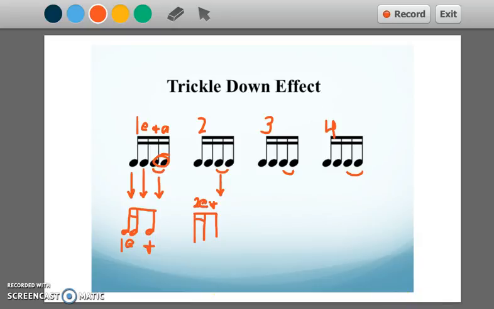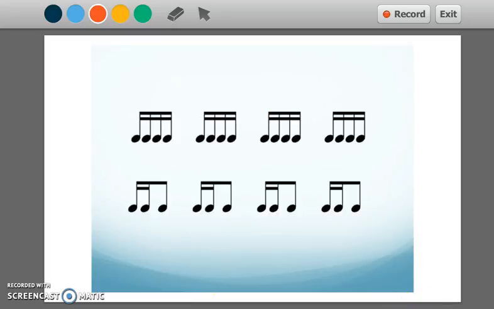Okay, if I continued, our notation would look like this. Here's 1, E, and; 2, E, and; 3, E, and; 4, E, and.